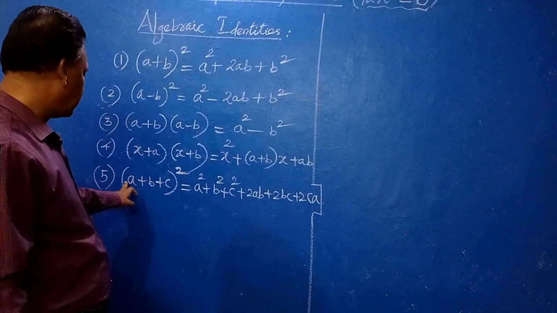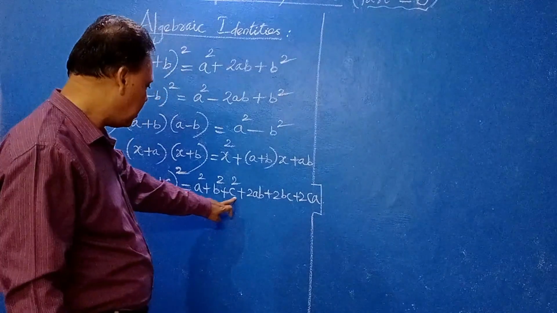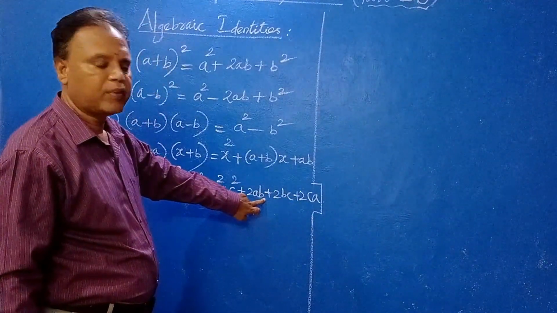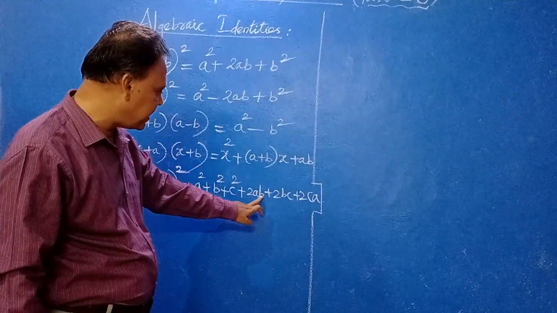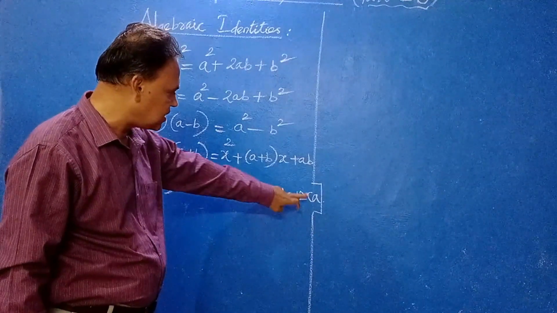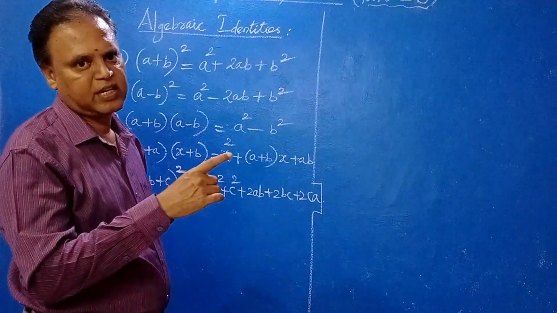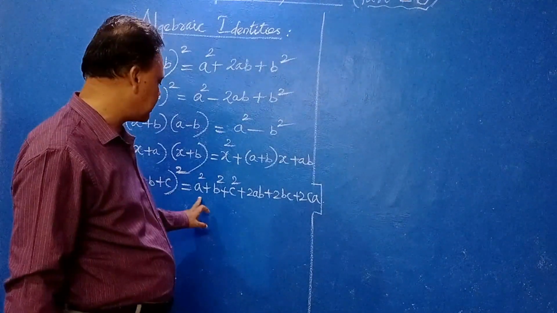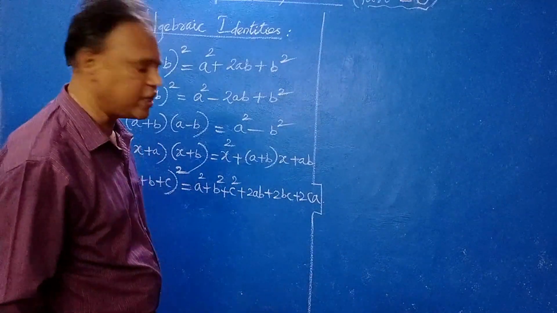All the terms are squared. Then you see the format 2ab, 2bc, 2ca in cyclic order: a next to b, b next to c, then c next to a. That is called cyclic order.